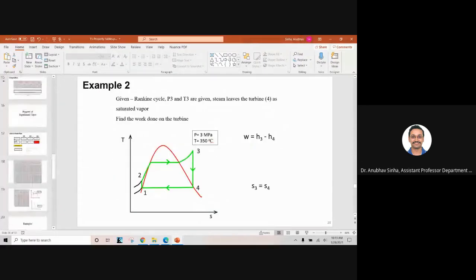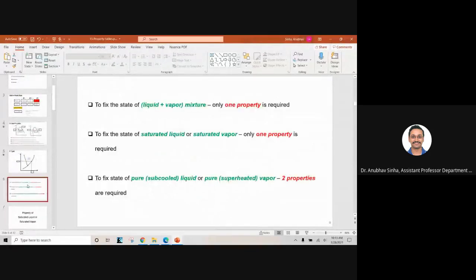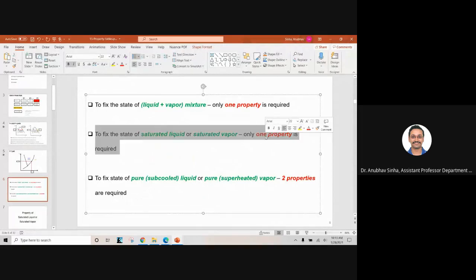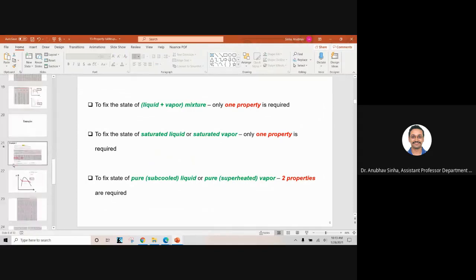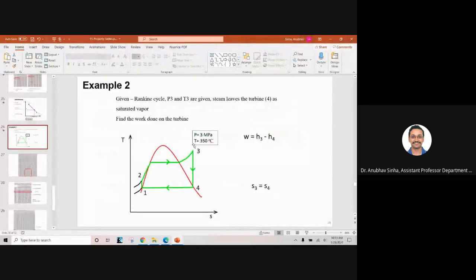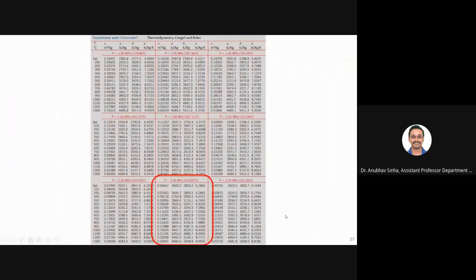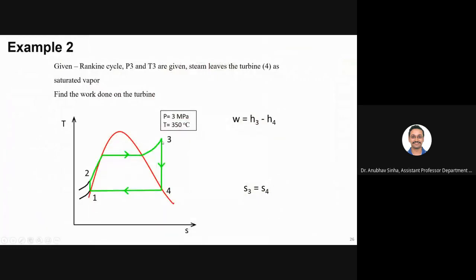We have mentioned this in this slide: to fix the state of saturated liquid, only one property is required. So what is the property that we have for point 4? Entropy, because it is equal to the entropy of point 3.